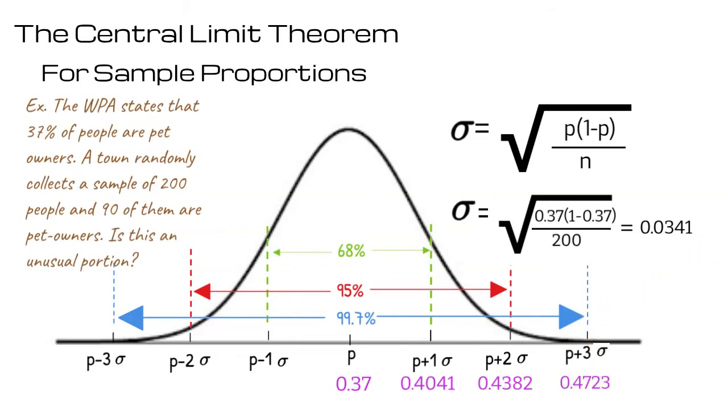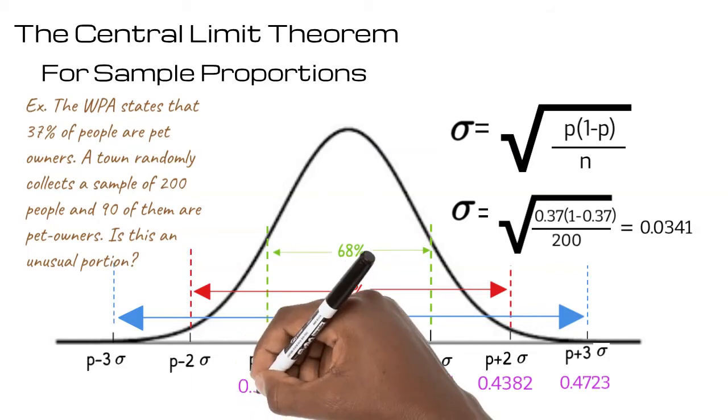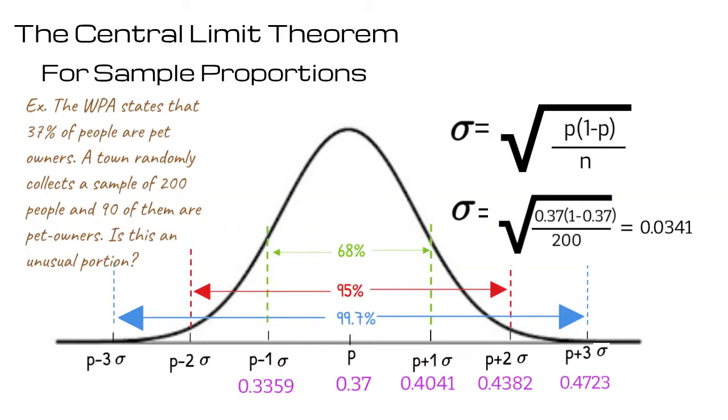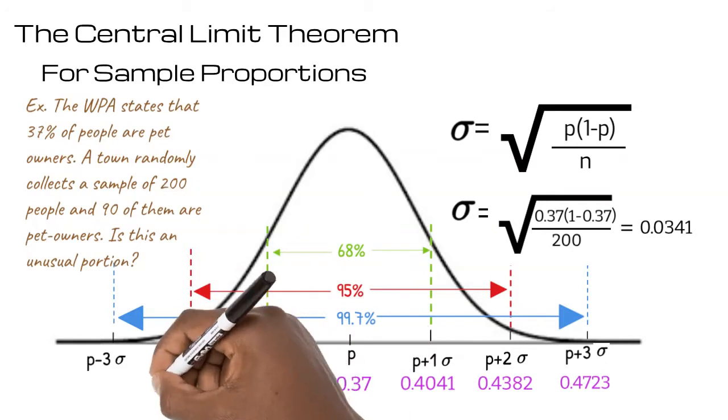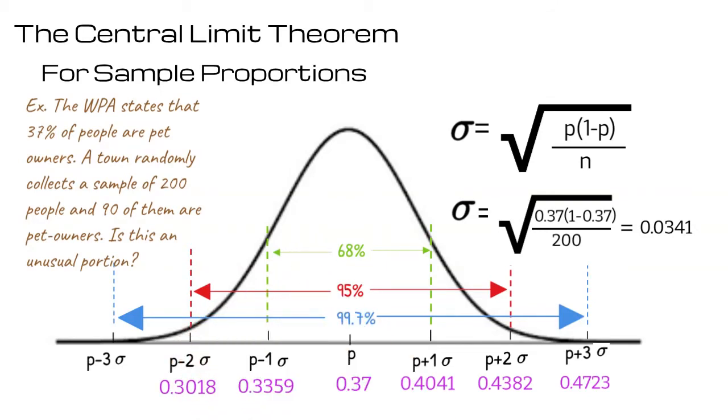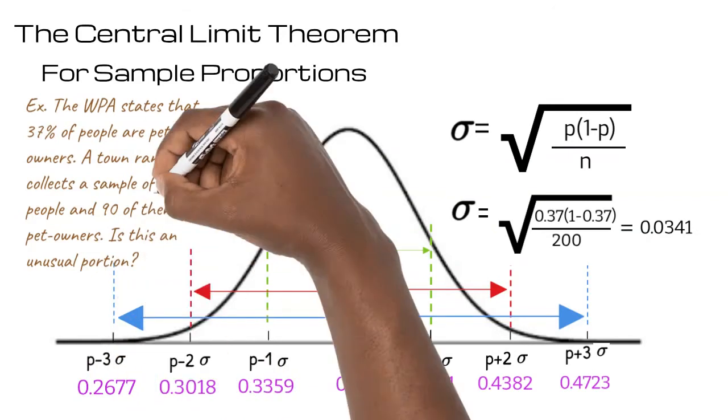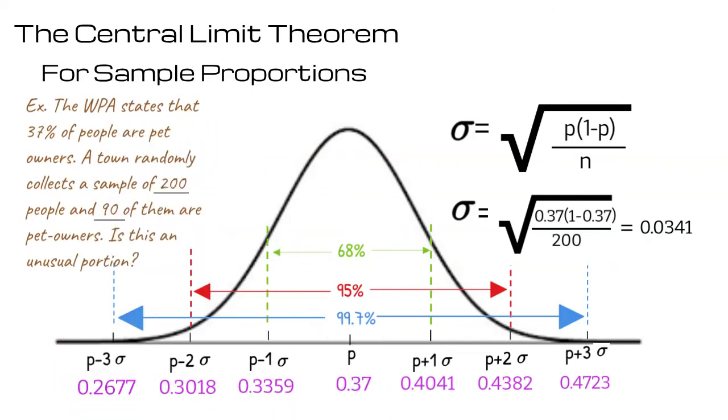We take 0.0341 from 0.37 to get 0.3359. We take the standard deviation away again to get 0.3018, and once more to get 0.2677.